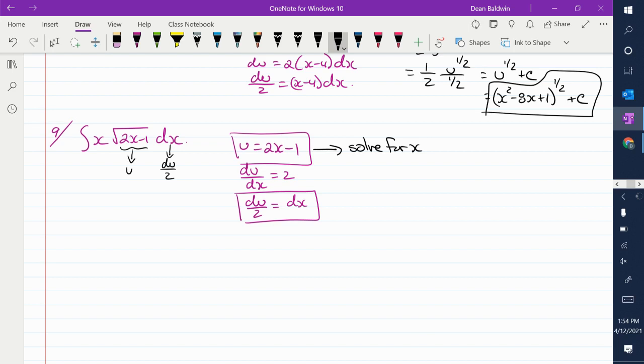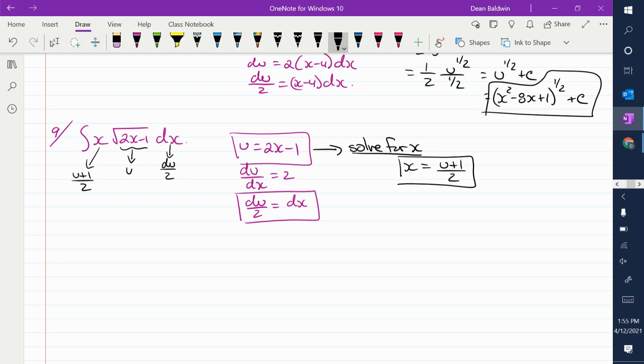So I get x is equal to u plus 1 over 2. And now that gets put in there. So now you have an integral with nothing but u's.